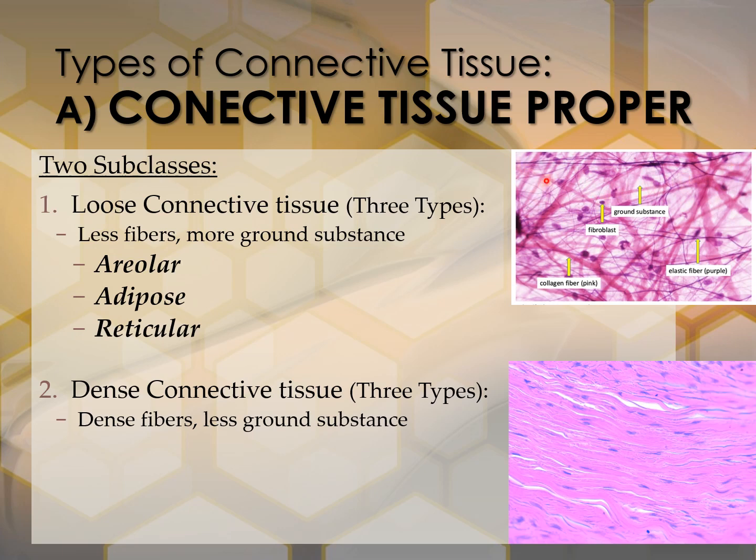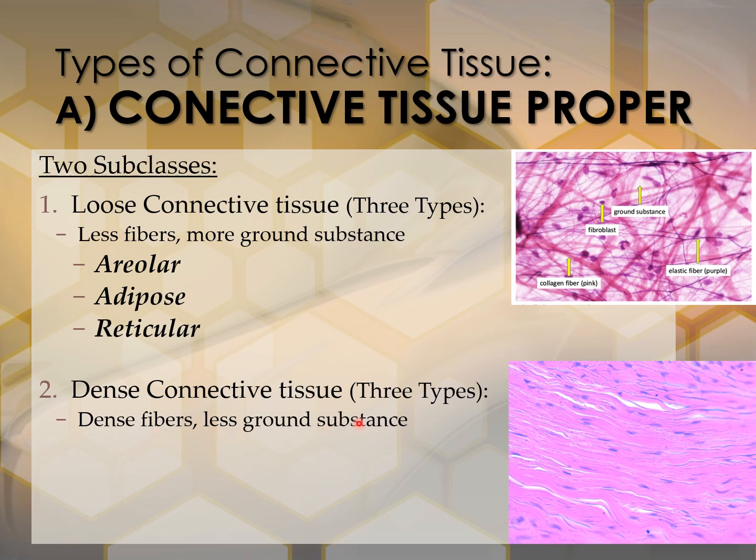But if we look at our picture up here, right, we have our fibroblasts kind of sitting around, those little purple dots. But we have these fibers kind of going in all directions, but you see a lot of the pinkish white background, that ground substance. So it looks very loose, right? It looks kind of disjointed, okay? Versus our dense connective tissue, if we look in comparison, yeah, we see those fibroblasts around, but we see lots of fibers. Okay, it's chock full of fibers. Barely visible is some of that ground substance in between those fibers. So dense fibers.